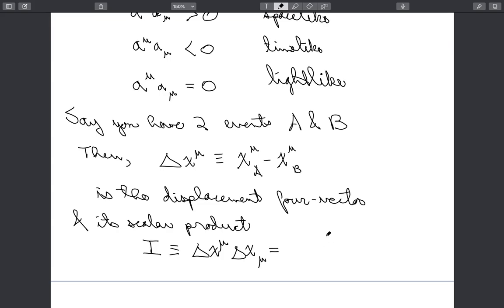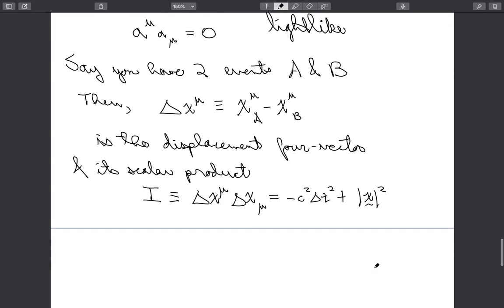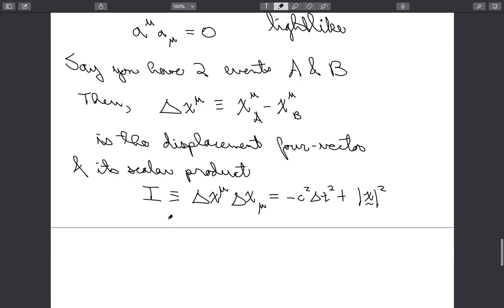If you look at what that is in the coordinates we've chosen, it's just minus c squared delta t squared, if delta t is the time interval between the events, plus the norm of the actual space vector between the events. The important thing is that this is an invariant under Lorentz transformation.